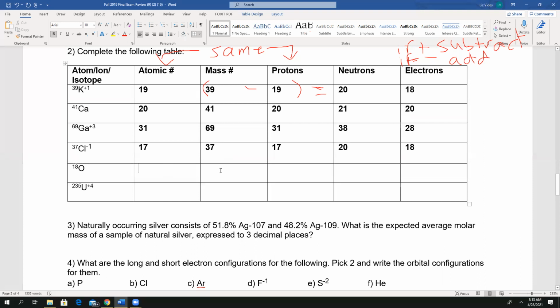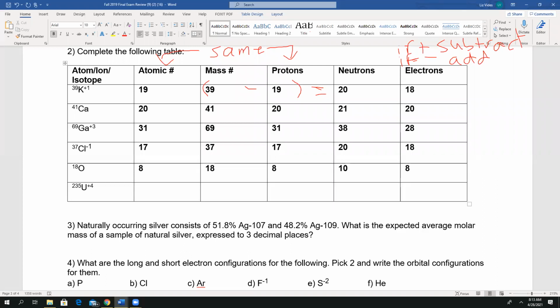This one right here is 18, right? Number 4, oxygen is 8. Protons, 8. Neutrons obviously going to be 10. And then the electrons is going to be 8 again because there's no positive or negative.